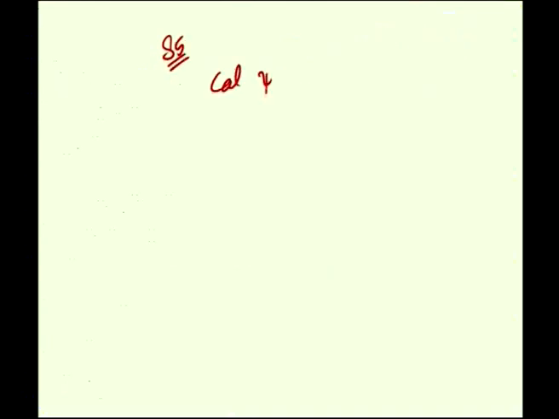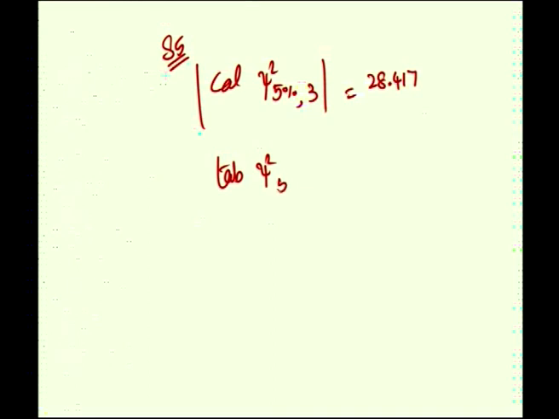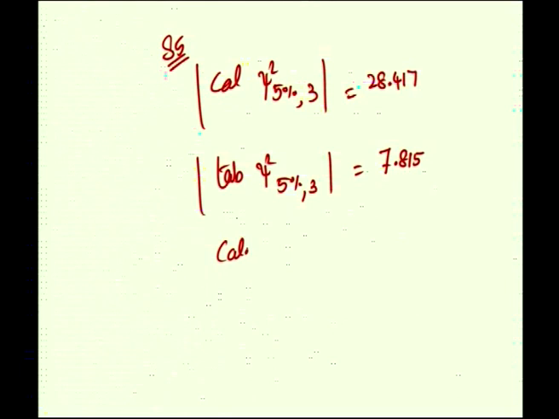So, calculated chi-square at 5 percentage, 3 degrees of freedom is equal to 28.417. Then tabulated chi-square at 5 percentage, 3 degrees of freedom is equal to 7.815. So, the calculated value is much greater than the tabulated value.